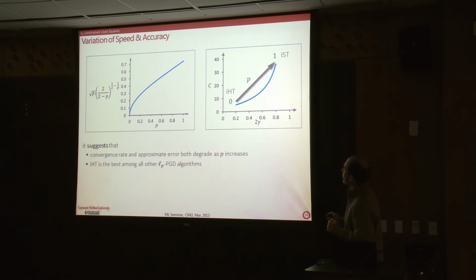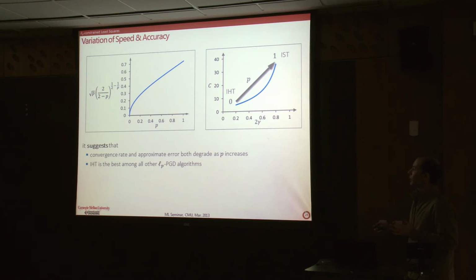So if you plot the approximation error coefficient versus the contraction factor, you get a plot like this, which starts at smaller values for p equal to 0, which corresponds to the iterative half thresholding, and increases to the case for the iterative shrinkage thresholding at p equal to 1, which suggests that both approximation error and contraction factor deteriorate as you increase p from 0 to 1.